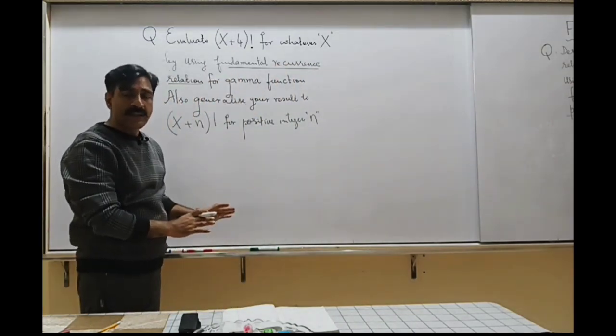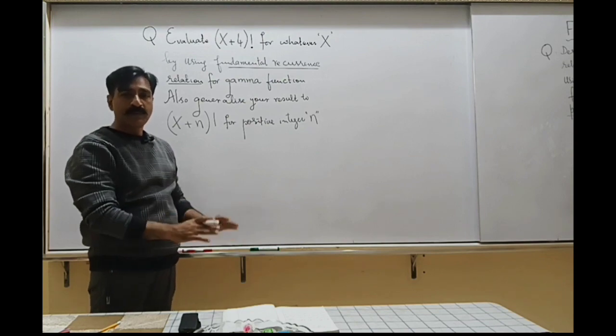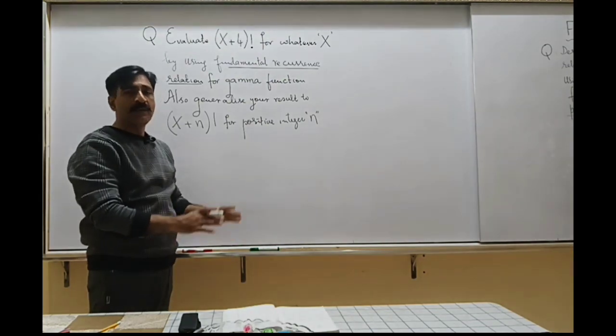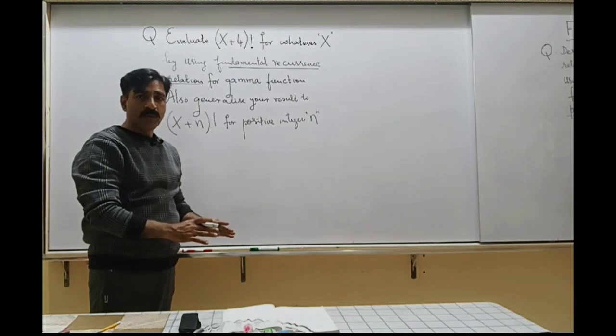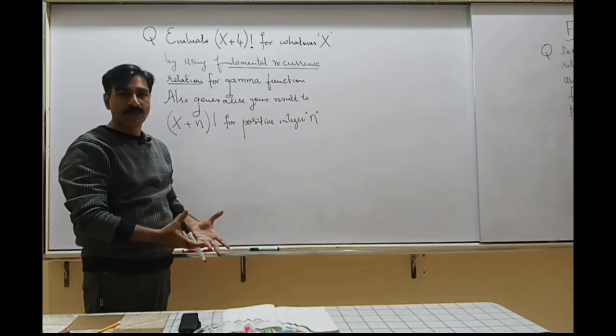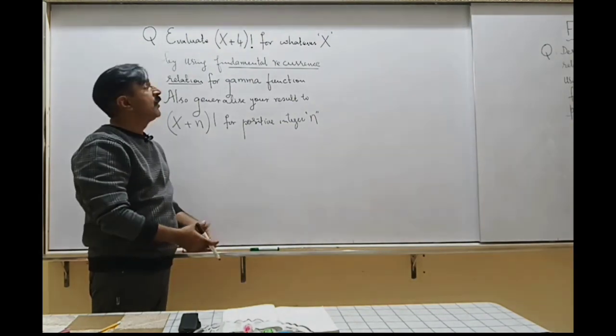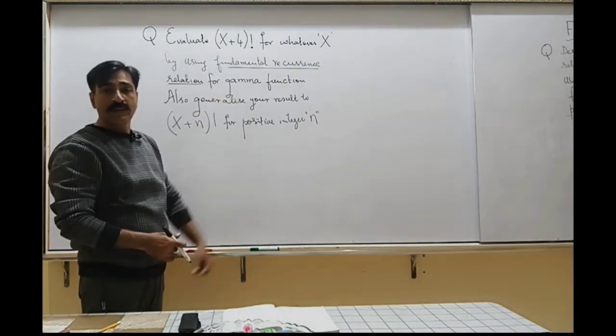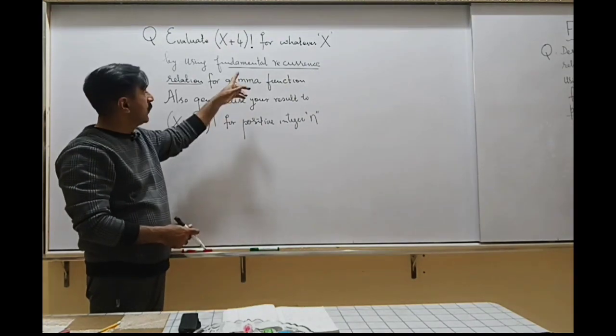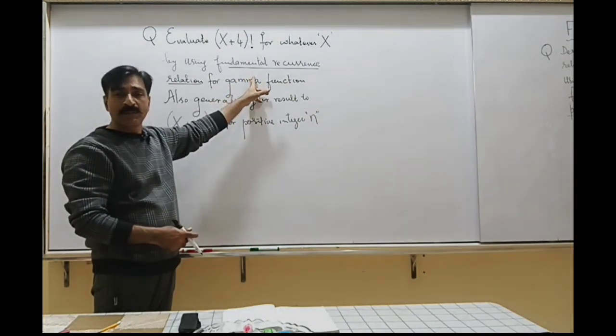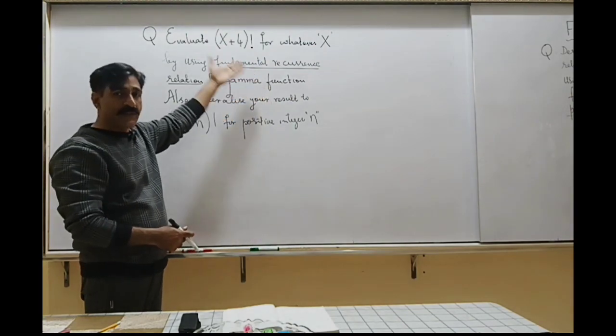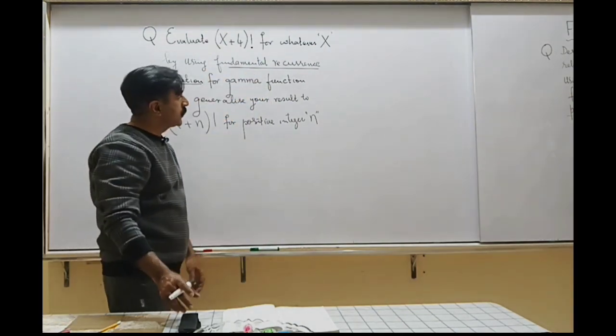The fundamental recurrence relation for the gamma function has been derived in my video lecture number 2. For its proof, you can first go into the details from lecture number 2. And if you already know it, then let's solve this problem.